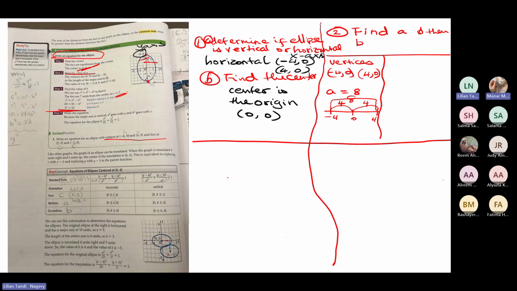Teacher, I disagree with you. Because teacher, in the first page they said for us the A is the vertices, and here they give us the vertices is -4 and 4. So the A is 4, not 8.